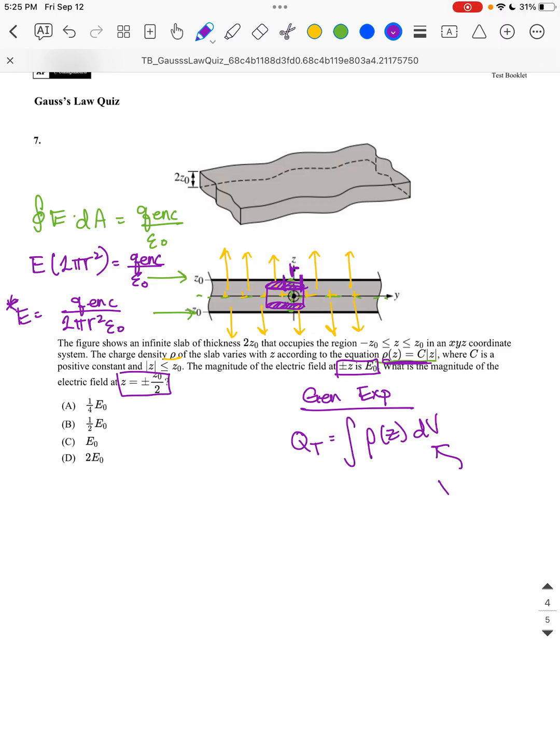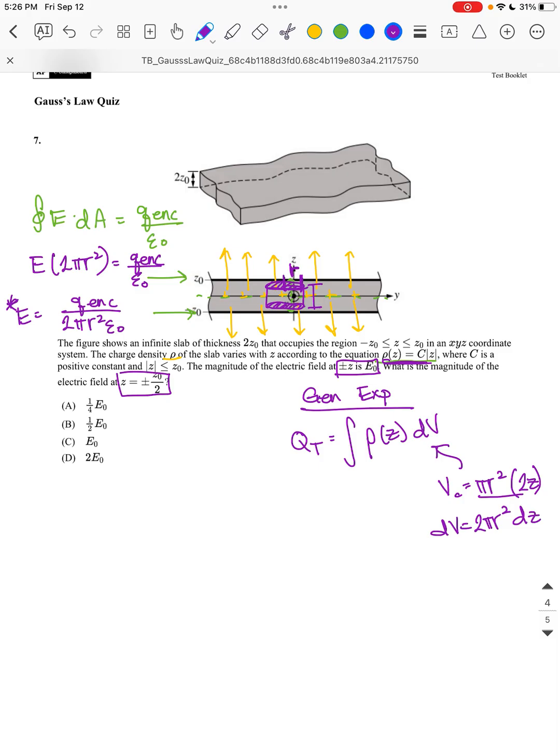The volume we are enclosing is a cylinder, and so the volume of the cylinder is pi r squared L. L is this full length here, but since they give us a direction as positive z naught upward and negative z naught downward, I'm going to call that 2z. And then when we take the derivative, we're taking the derivative with respect to z, not with respect to r. So we can treat all of this as a constant, and we get 2 pi r squared. The derivative of z is just dz.